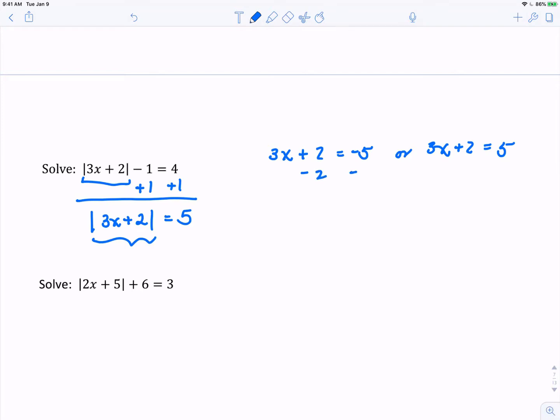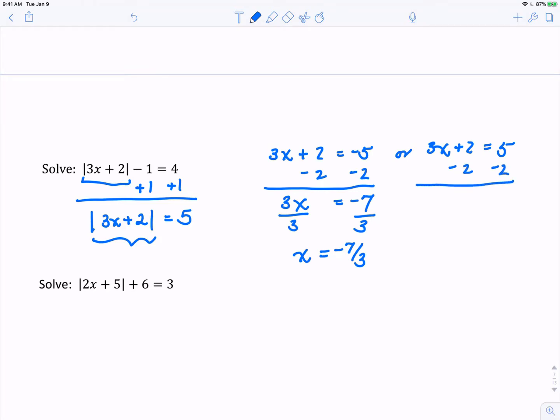Once you have your equation set up, all you have to do is solve. I'll do that by subtracting 2 and dividing by 3. So one solution is -7/3, and a second solution would be x is equal to 1. So our two solutions are x is equal to -7/3 or x is equal to 1.